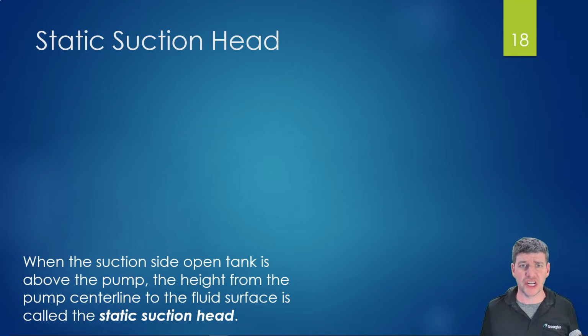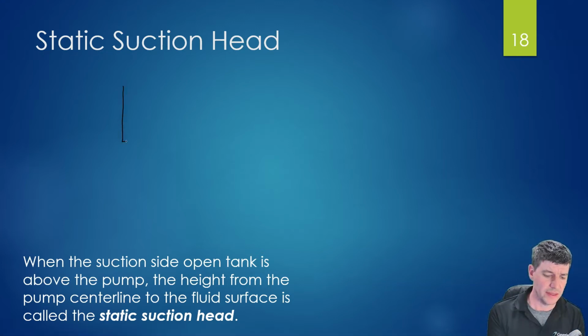Let's look at the suction side of our system. So we have a static suction head, just like we had a static discharge head. And the suction head is on the suction side, or the inlet side of the pump. So when the suction side open tank is above the pump, the height from the pump center line to the fluid surface is called the static suction head. So here's what that means.